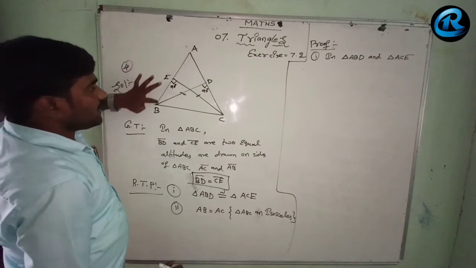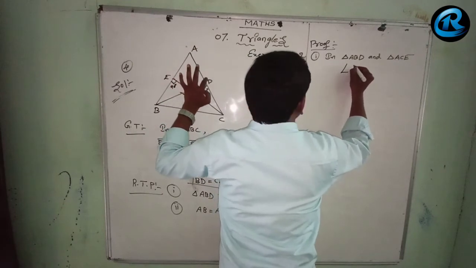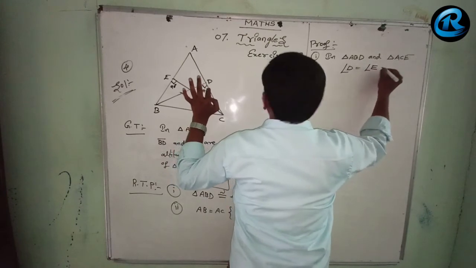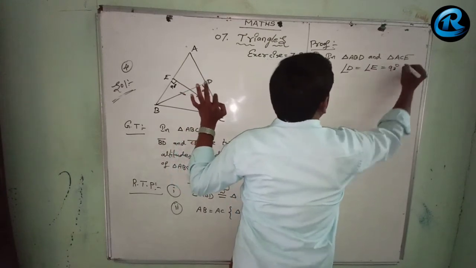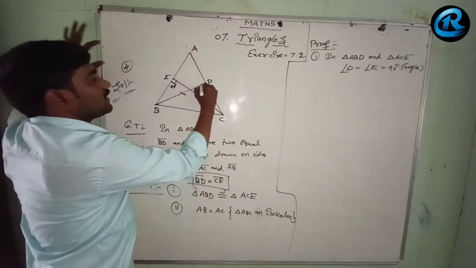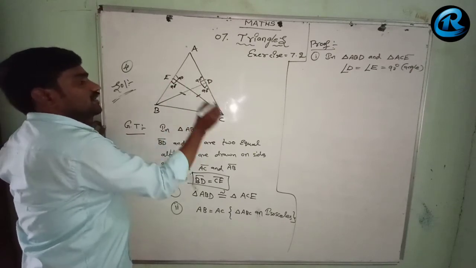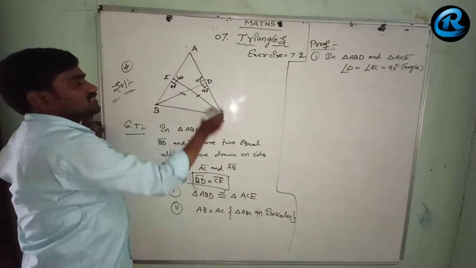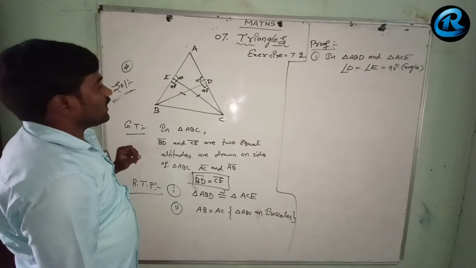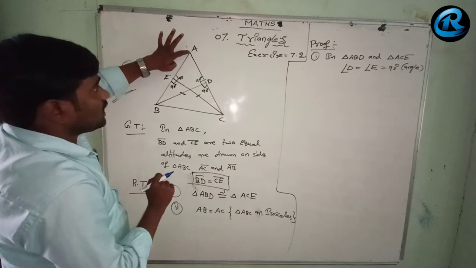In triangle ABD, angle D is equal to angle E, equal to 90 degrees. In ABD, what is angle D? It is 90 degrees. And in triangle ACE, what is angle E? It is 90 degrees. Finished.